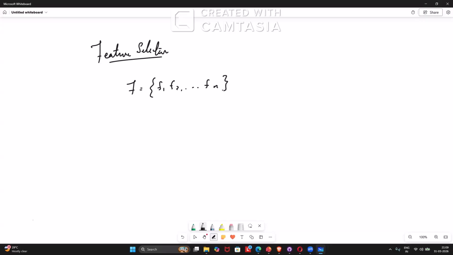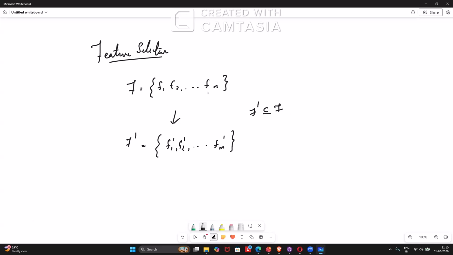There are n features, and we convert this F into F dash, with features f1, f2, up to fm dash. And we can always say that F dash is a subset of what? F.